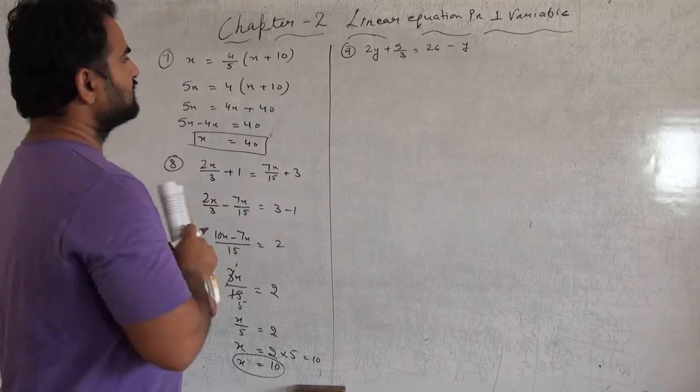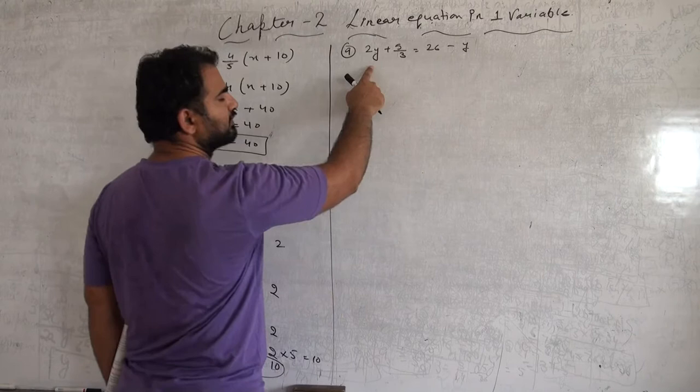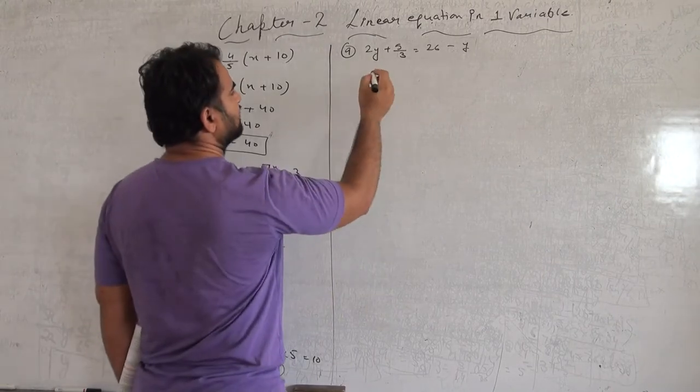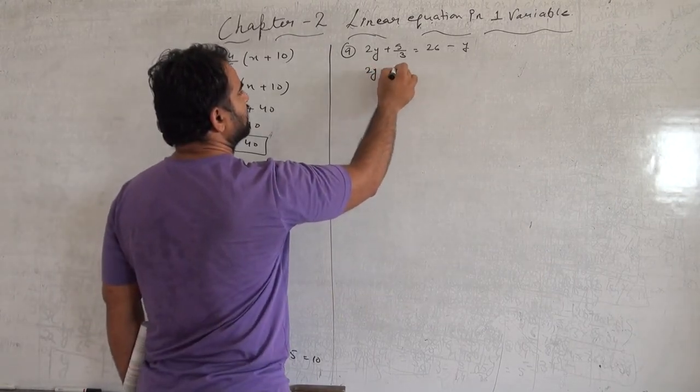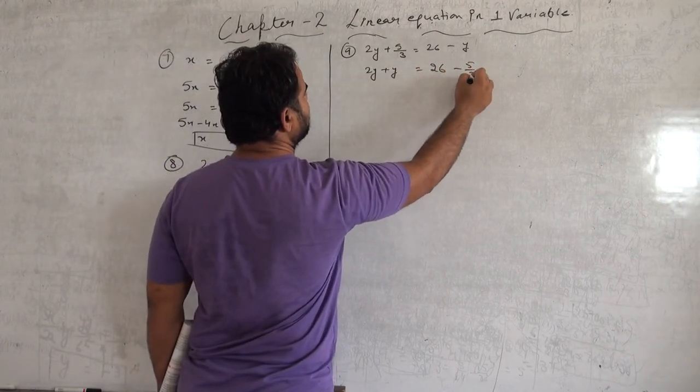Okay. So class, what you have to do is this minus y will come on the left hand side. So 2y plus y equals 26 by 3 minus 5 by 3.